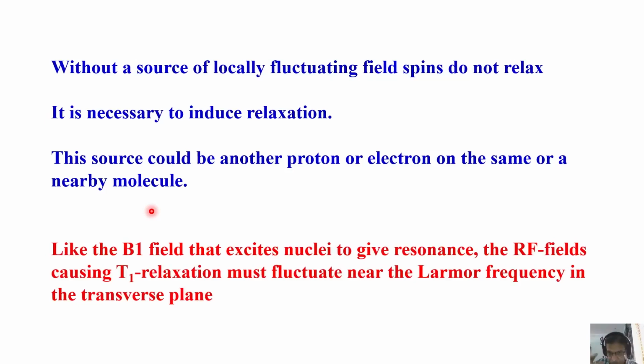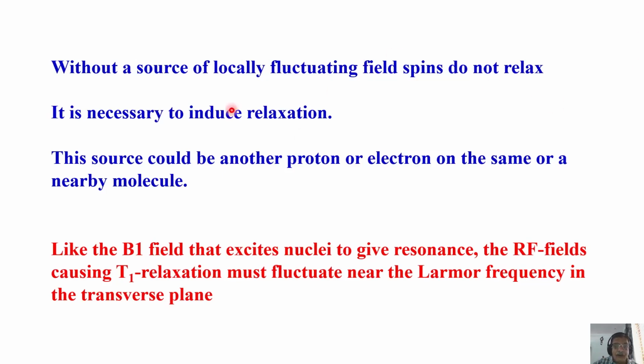For example, when we study solids and liquids, there is a vast difference in the T1 because the fluctuating fields are more and the molecules undergo a lot of motions in the case of solution. The T1 is much shorter compared to solids. Sometimes, it is a general statement, need not always be true, in solids the relaxation time can be of the order of minutes, hours, days and weeks. Whereas in solution, most of the time, the relaxation time will be of the order of a few seconds or minutes, a few tens of minutes.